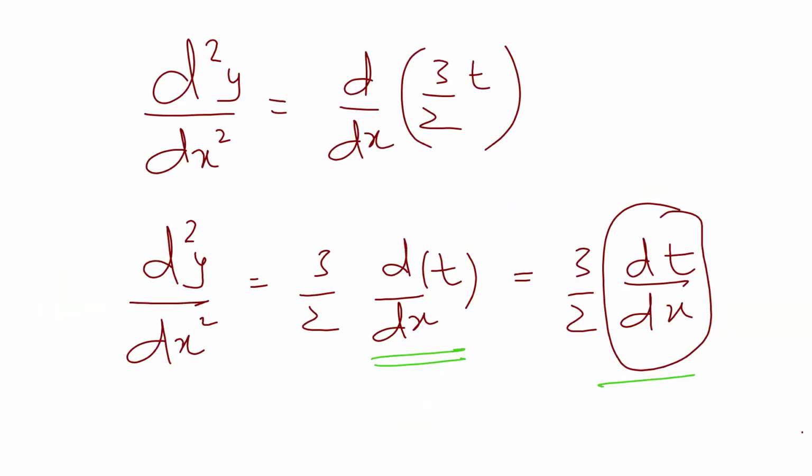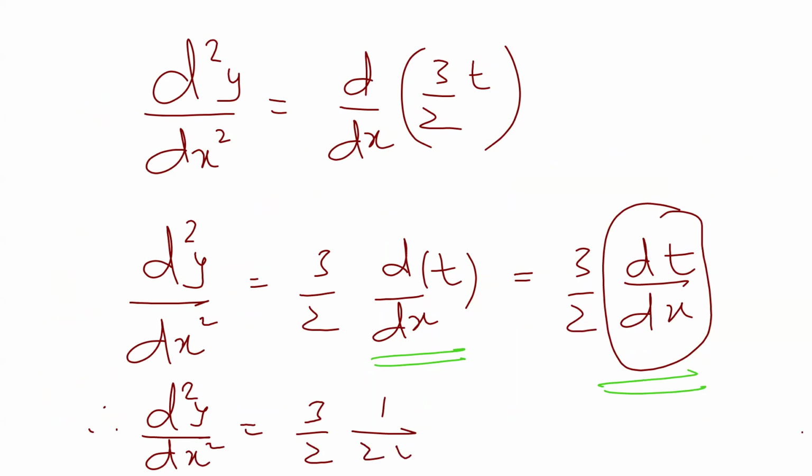So I'm going to replace this with 1 upon 2t. So d square y upon dx square is equal to 3 by 2 into 1 upon 2t. So 3 by 4t. Understood?